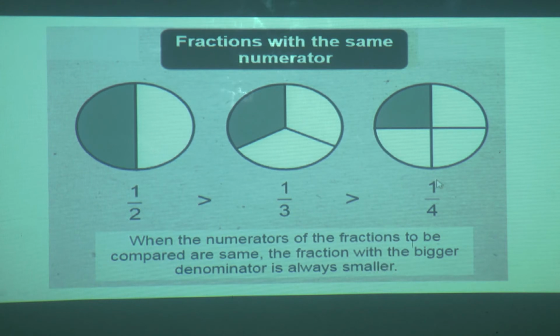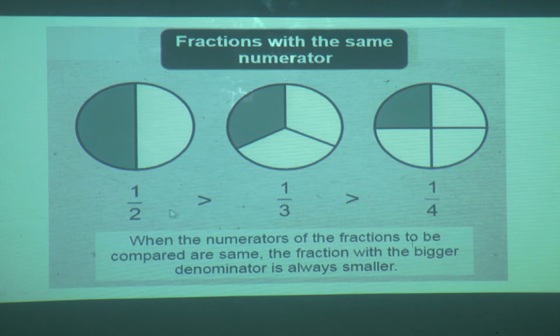Again I will repeat and explain: when the numerators of the fractions to be compared are the same, the fraction with the bigger denominator is always the smaller. Here all the numerators are the same, but the denominators are different. Which denominator is bigger? Yes, 1/4, because 4 is bigger in the denominator, so this fraction will always be smaller.